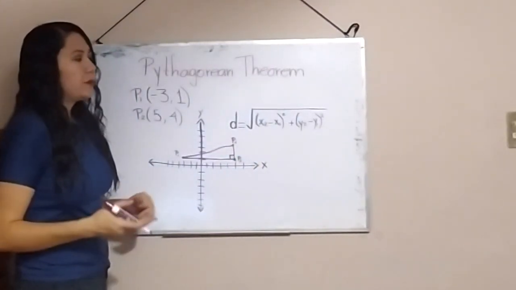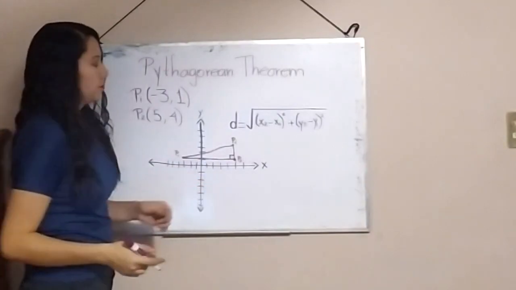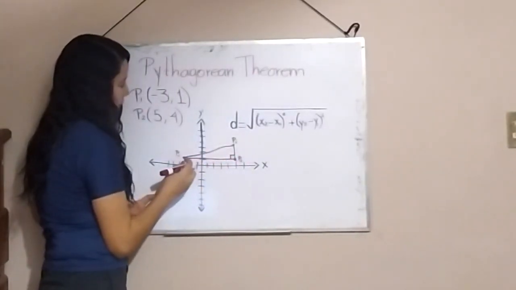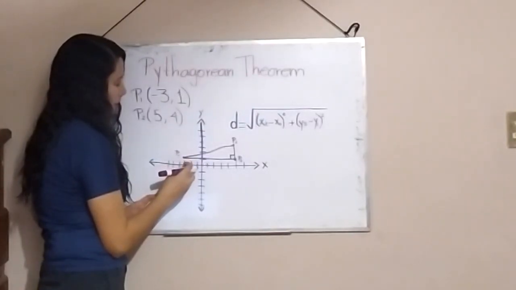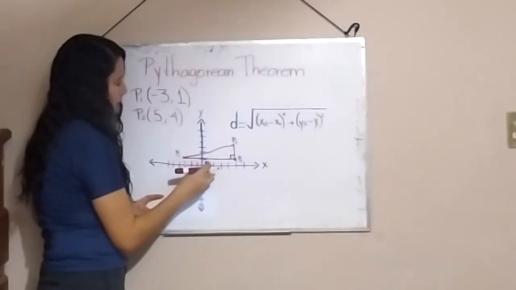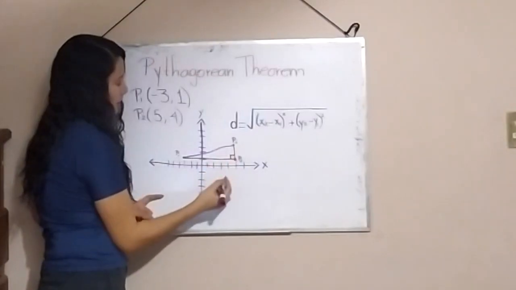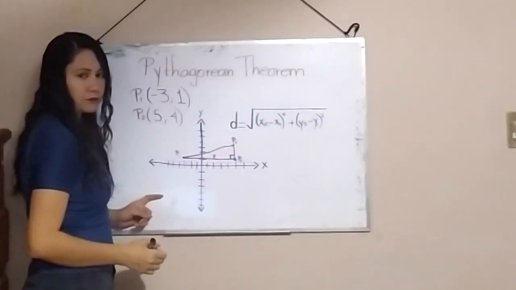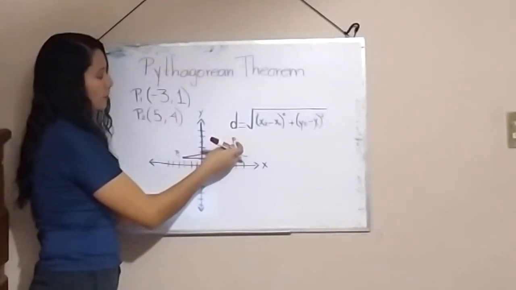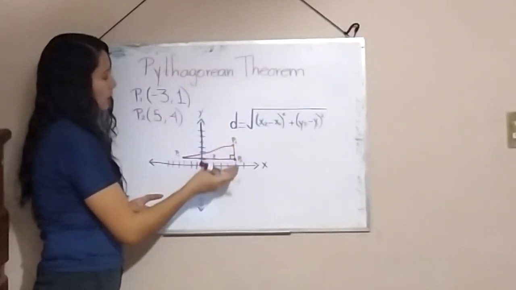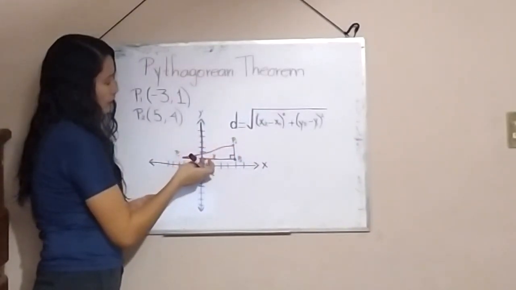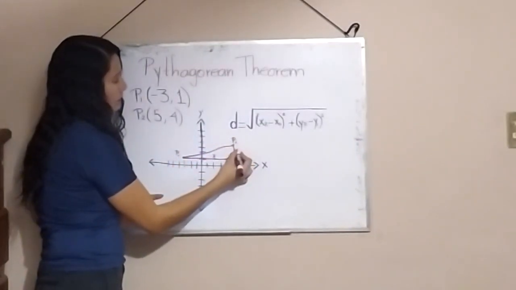Now let's apply the Pythagorean theorem first. What is the measurement of this leg? Well, we go from here 1, 2, 3, 4, 5, 6, 7, 8. We have a length of 8. What is the length from here to here? We go from here, 1, 2, 3. We have a length of 3.